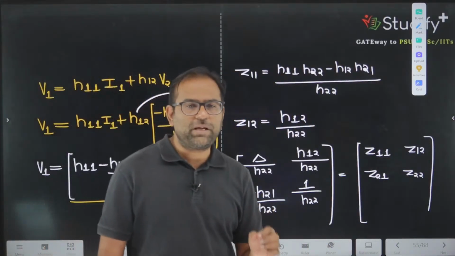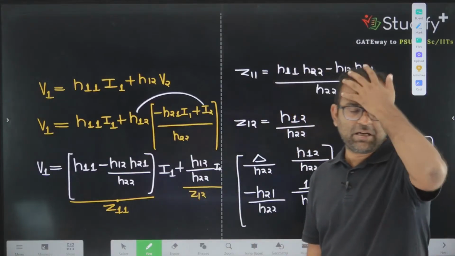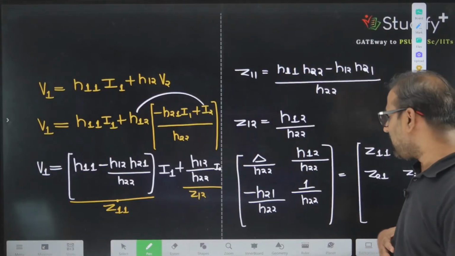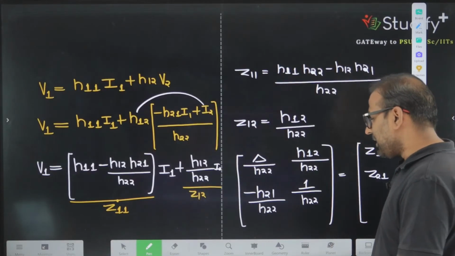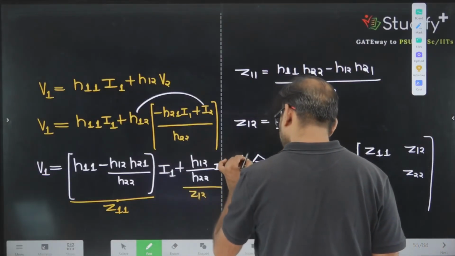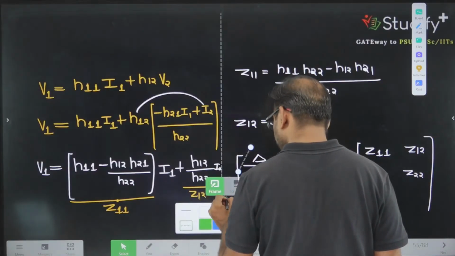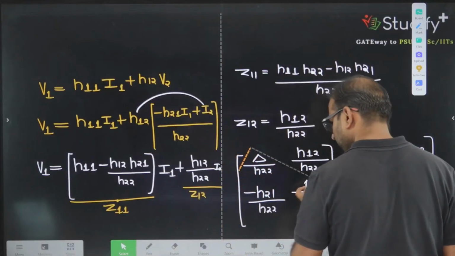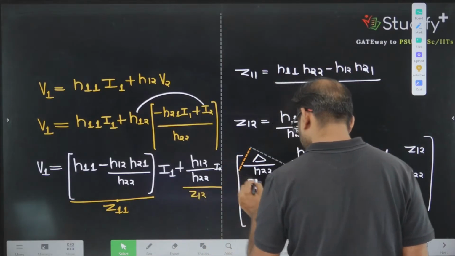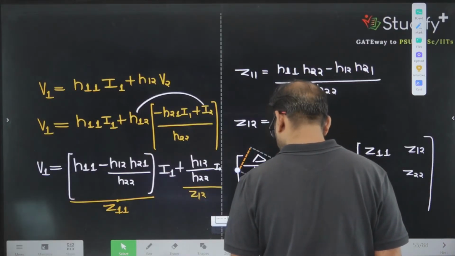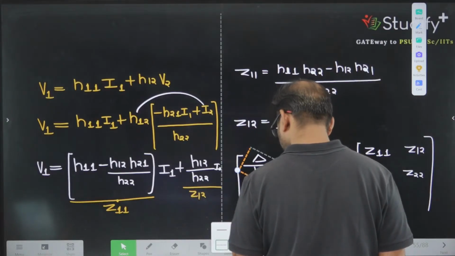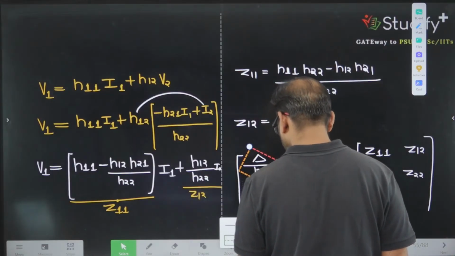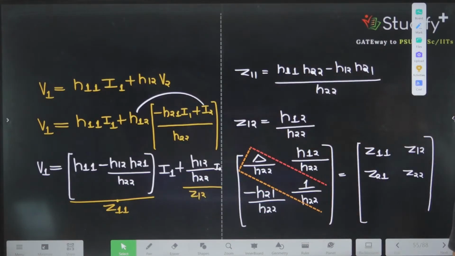Now we know the condition of reciprocal and symmetrical network. Now we can find the condition for symmetrical and reciprocal for H parameter also. A network is said to be a symmetrical network if these values are the same. If these values are the same, then your network is said to be a symmetrical network.